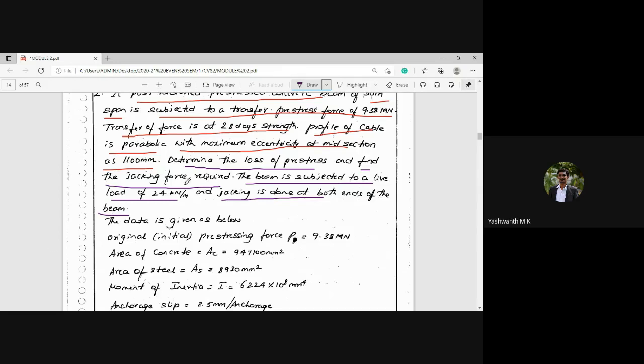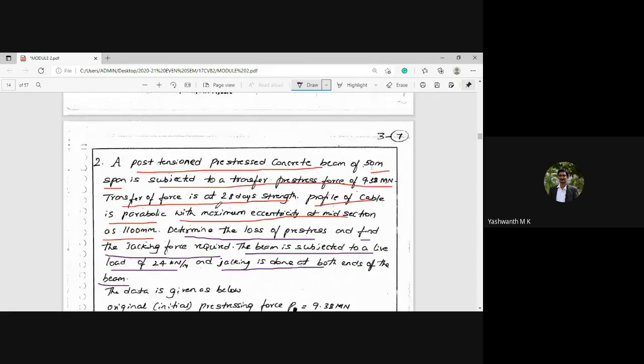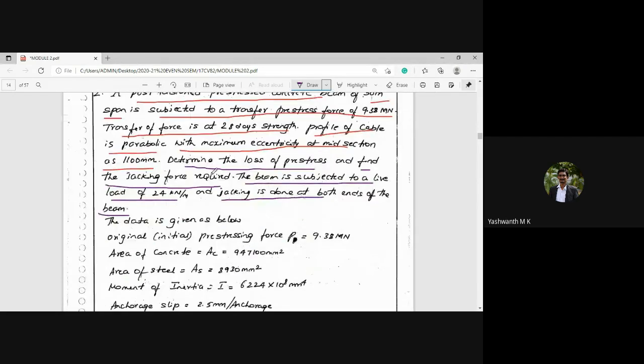So in this problem, apart from calculating the loss of pre-stress, I also need to find the jacking force required to tension the tendon inside the PSC beam, and this jacking will be done at both ends of the beam. Is it clear? Fine. So let me proceed with the problem.